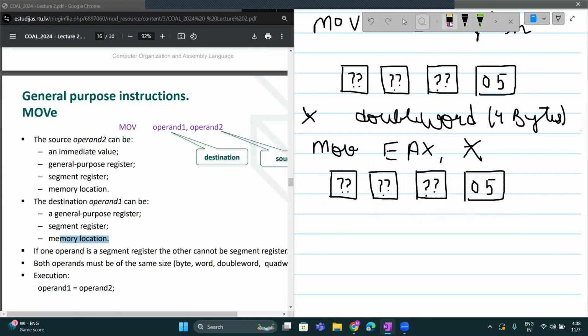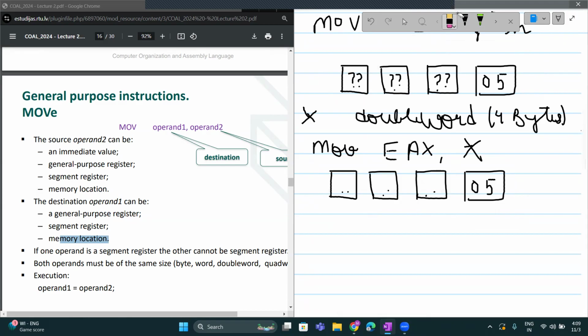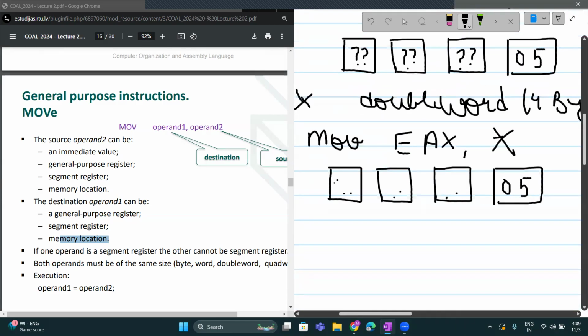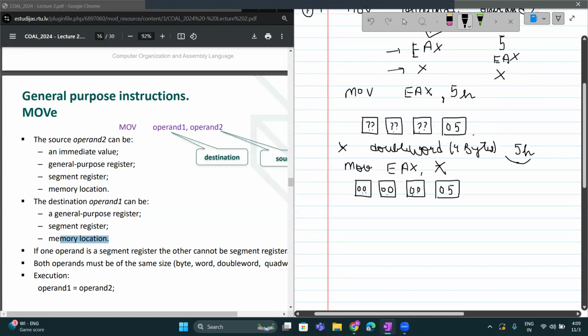Now, as it's already in double word form, it would not have question marks. It will already be 0, 0, 0, 0, 0, 0, because we already declared it in a double word format.